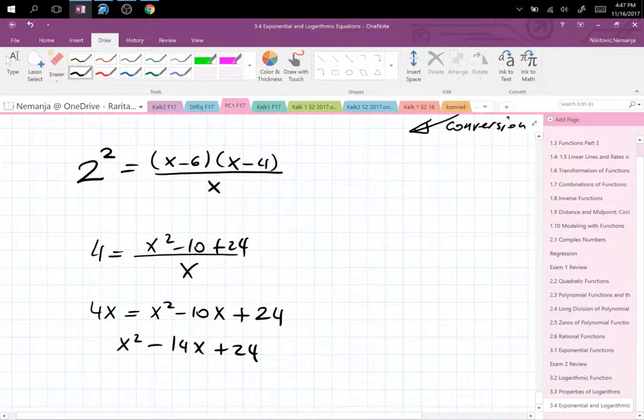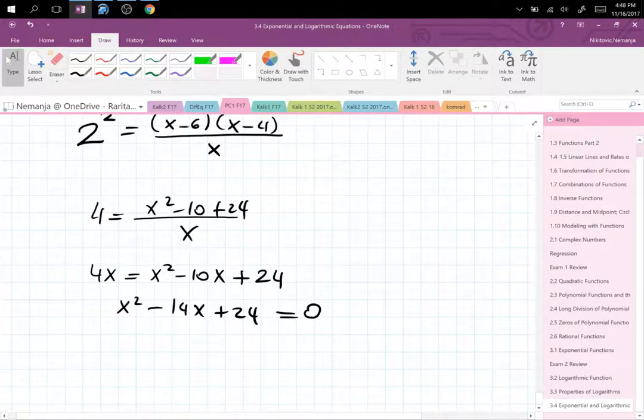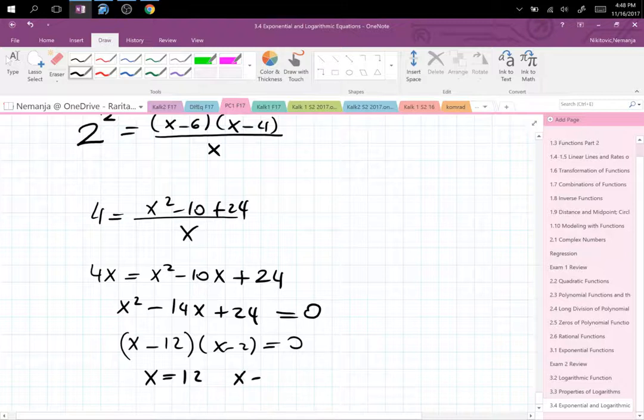So this is now equal to 0. Now you factor this, and you get x minus 12, x minus 2 equals 0. So x is 12 and x is 2.